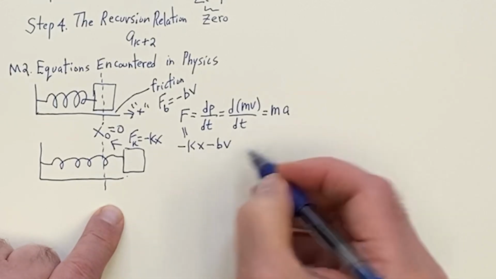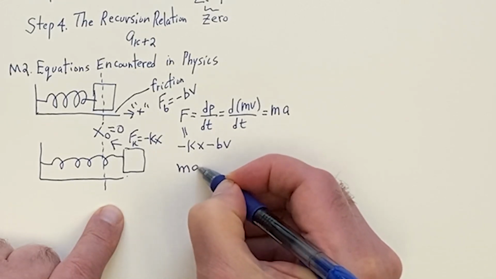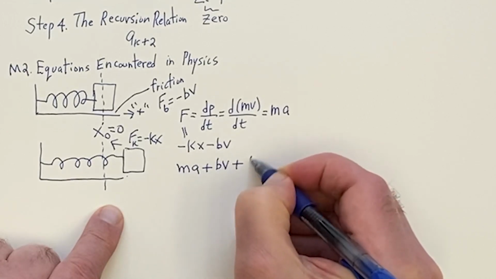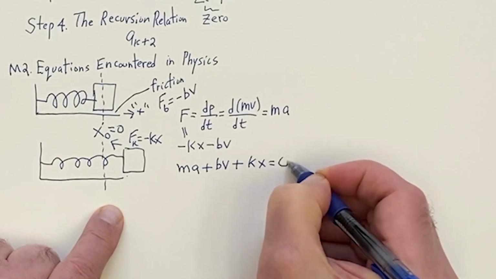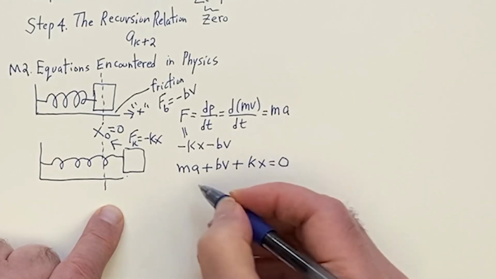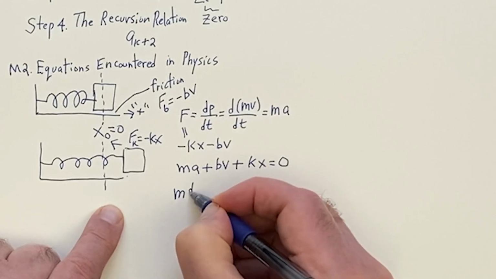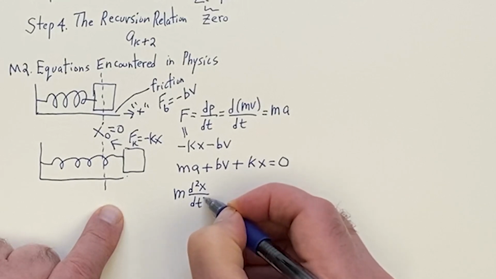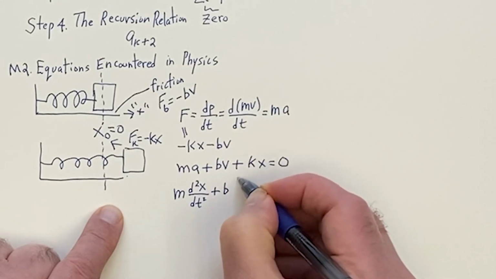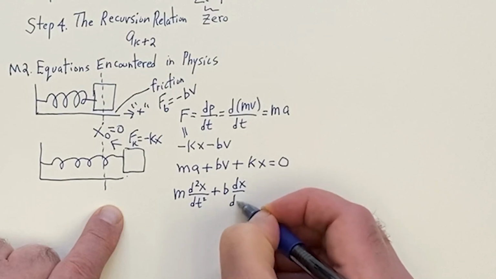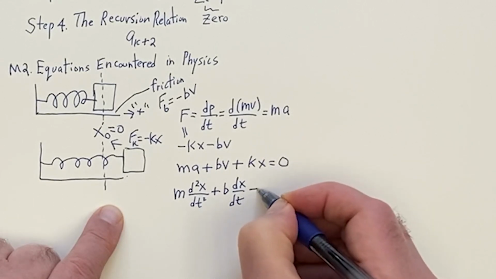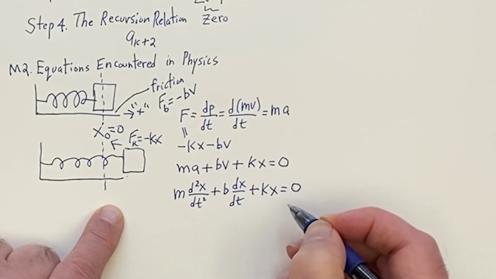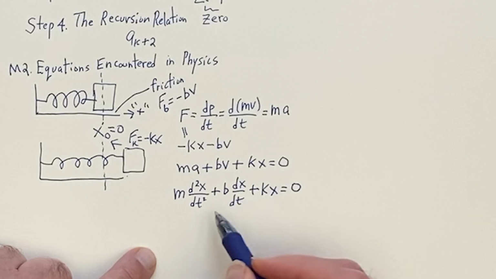And then if you bring all that to one side of the equation, you would have the differential equation ma plus bv plus kx equals 0. Let's write that as a differential equation. So this acceleration is the second derivative of x with respect to time. The velocity is the first derivative of x with respect to time. And then here we have the constant k times x. So that's the differential equation.